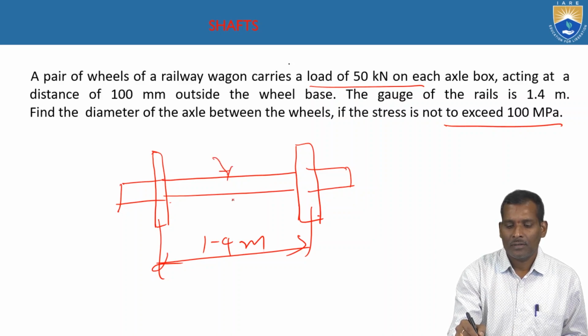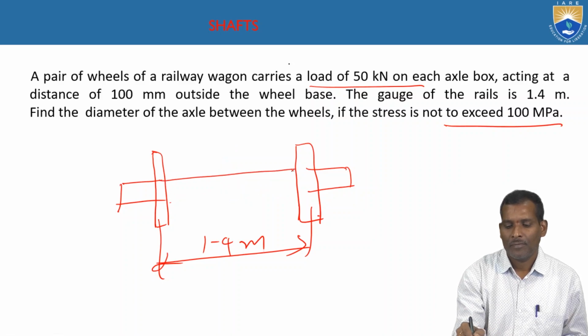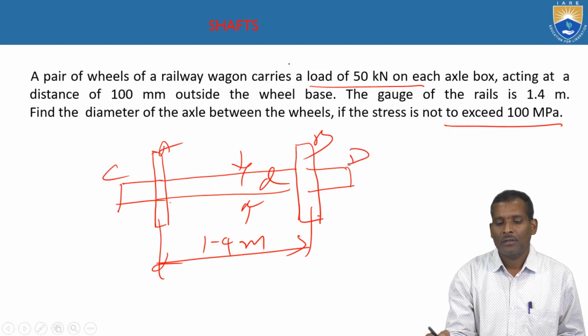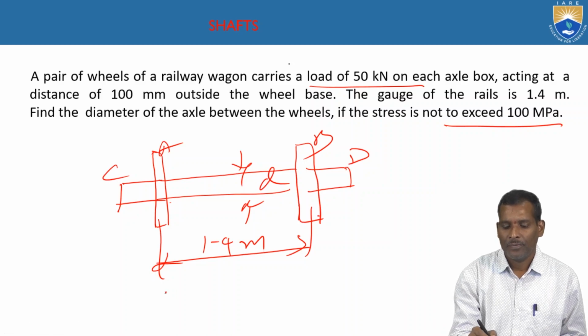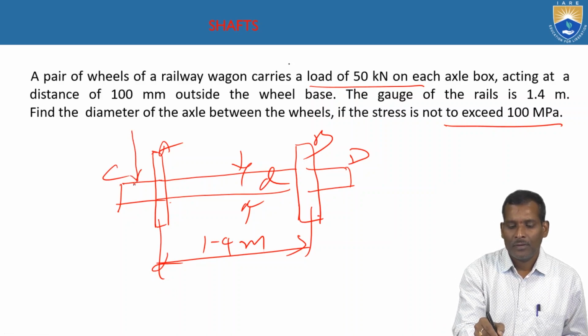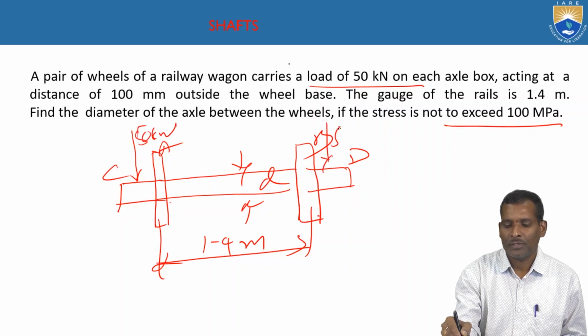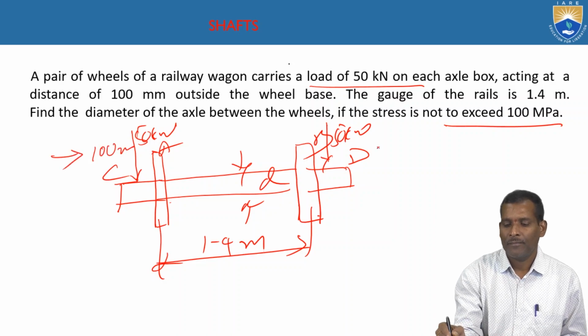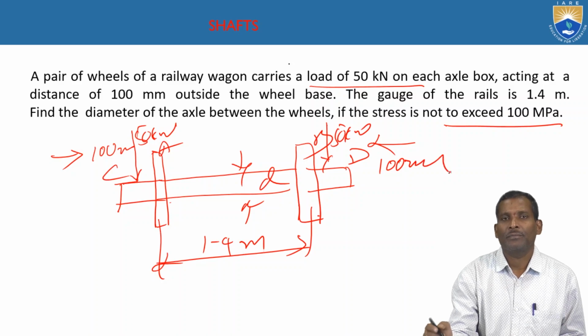The axle diameter is D. You can mark A and B like this, and also C and D. So 50 kilonewtons, here also 50 kilonewtons, acting outside at 100, here also 100.